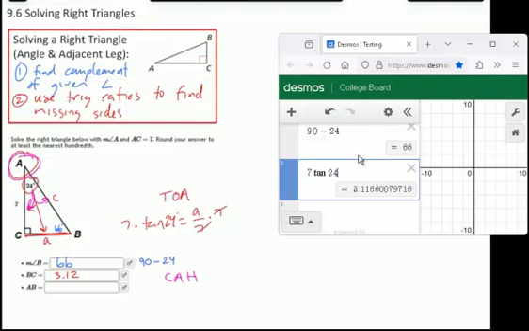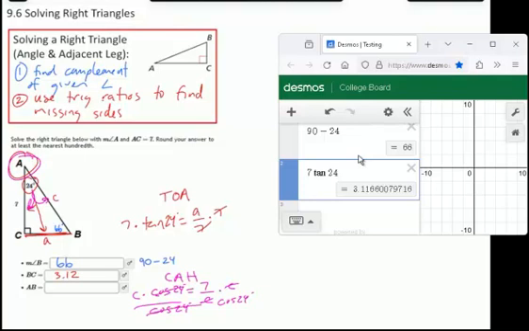CAH. So I could set up the cosine of A is equal to adjacent 7 over hypotenuse C. Multiply both sides by C to get it out of my denominator, and then divide. Oops, I wrote A again, but I actually know what A is here. Let me replace that. A is 24 degrees. So I'm going to divide by cosine of 24.